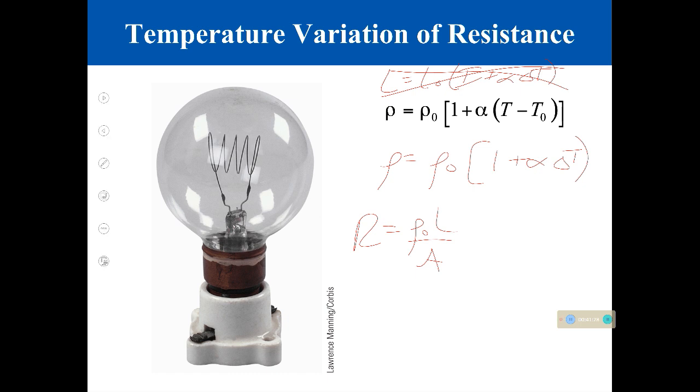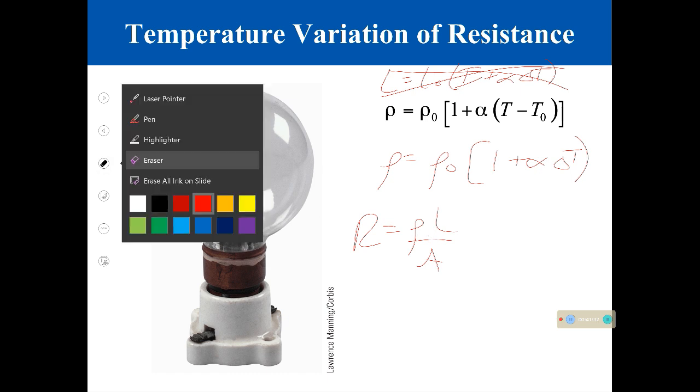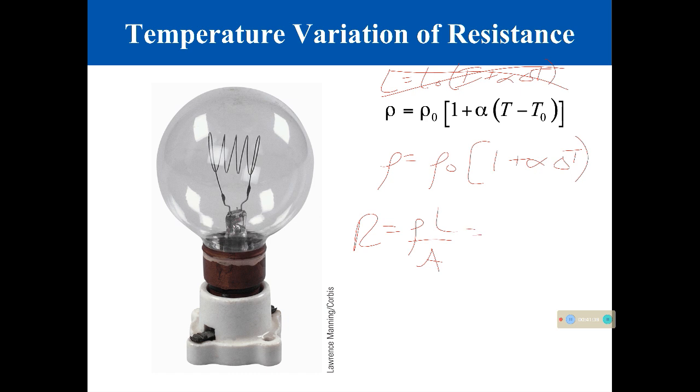No, that's actual rho, my apologies. This is not as good as the other one. So this is just resistance is equal to rho initial times L over A times that whole mess, times 1 plus alpha delta T. I'll try this again over here. Resistance is equal to rho L over A times 1 plus alpha delta T.